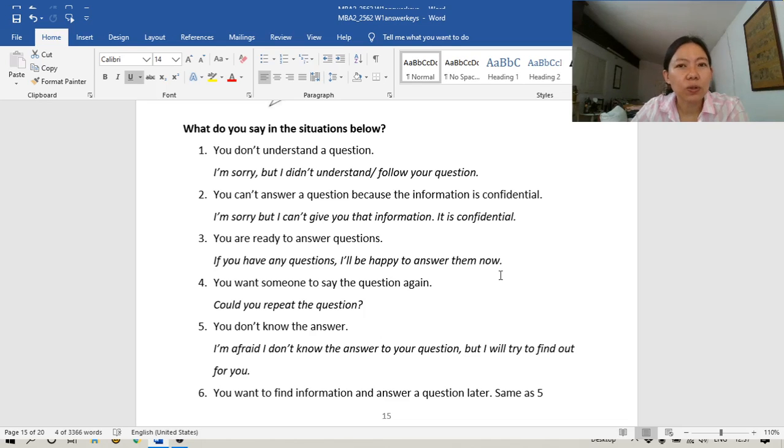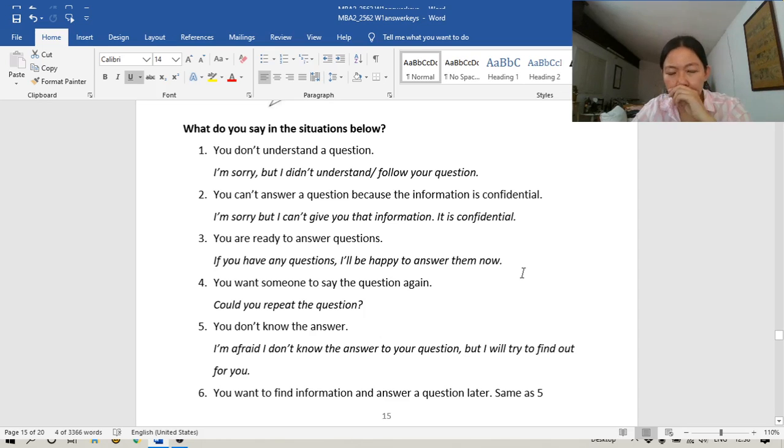In this case, you can ask them to say it again or rephrase the question. So you could say, "I'm sorry, I didn't understand your question," or "I'm sorry, I did not follow your question." When the person who asks you a question hears that, he or she might rephrase the question or explain it a little bit more so that you will understand the question better.